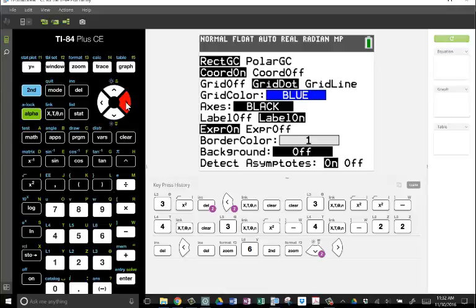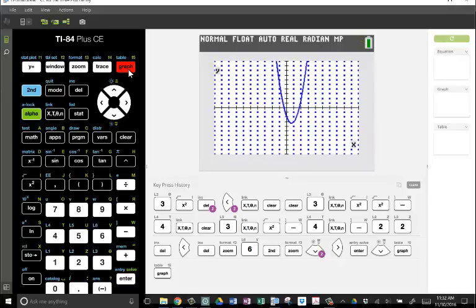And grid dot is what you would hit enter on in order to have the grids on here. So then you can pick what color you want your grid. I like blue just because it shows up very clearly on my graph. So that was on second format.